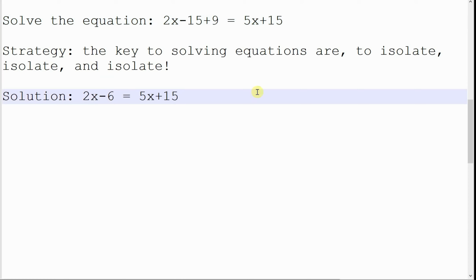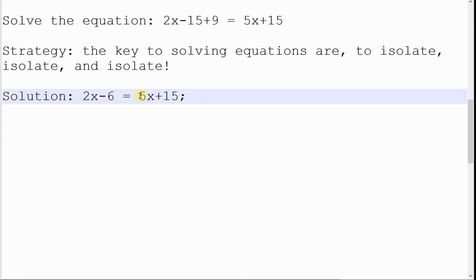Because of this, we're told that isolating means to pair the variables on one side and the constants on the other. We see that a constant is on this side of the equation and another on this side, and a variable on this side and a variable on this side. To make this simpler, we pair the variables on the side that makes it positive.